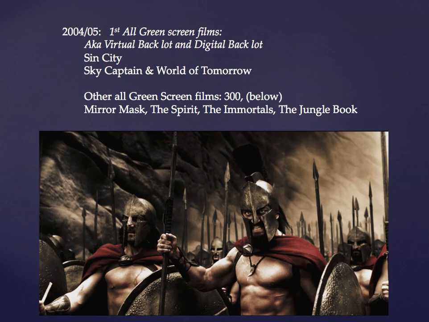So all green screen films, Sin City and Sky Captain of the World of Tomorrow. There are some others that you have seen, most likely 300 below, right there. And we have Mirror Mask and The Spirit and The Immortals and The Jungle Book, okay? Not The Lion King.